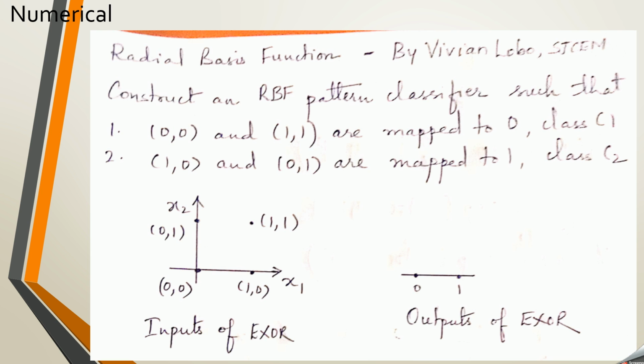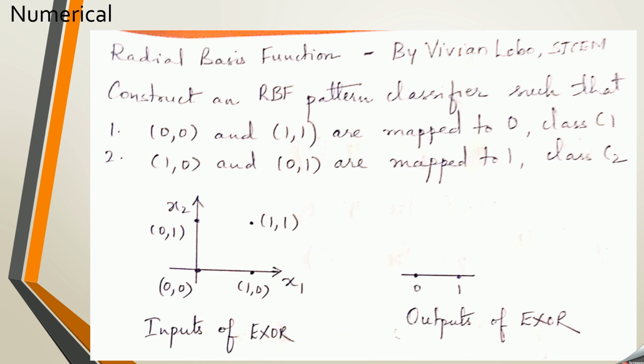The question goes like this: construct an RBF pattern classifier such that (0,0) and (1,1) are mapped to 0, that is class 1, and (1,0) and (0,1) are mapped to 1, class 2.